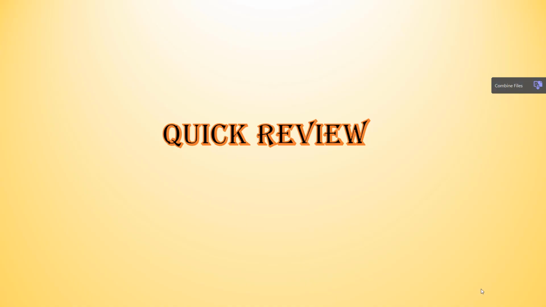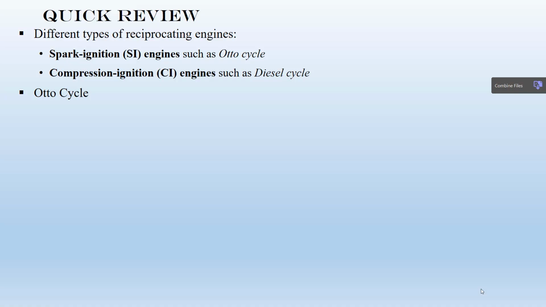If you remember, we discussed the Otto cycle in the previous lecture. The Otto cycle is the ideal cycle for spark ignition engines, while the diesel cycle is the ideal cycle for compression ignition engines. This week we discussed the Otto cycle, and next week we'll discuss the diesel cycle.